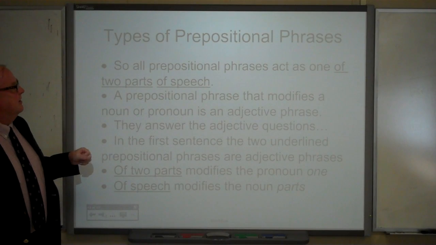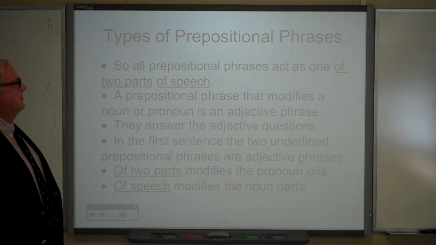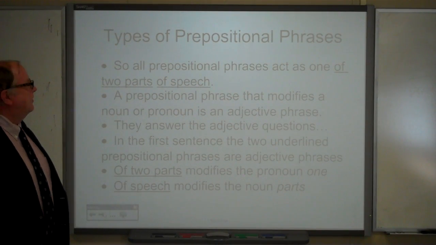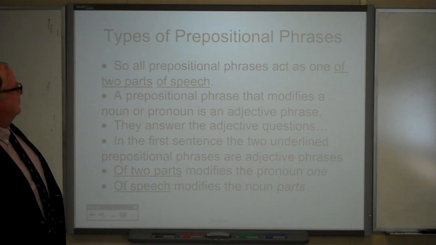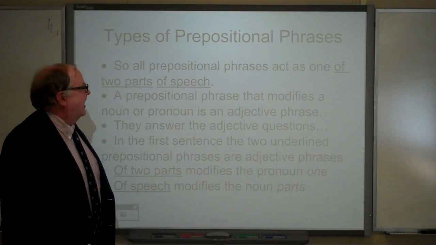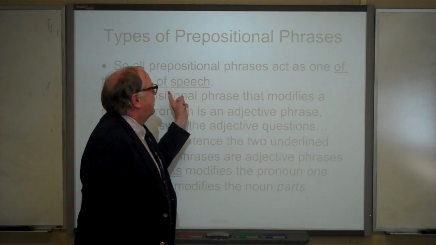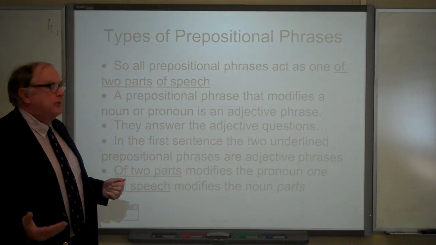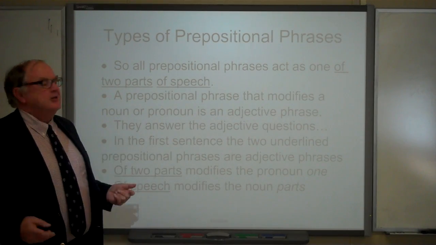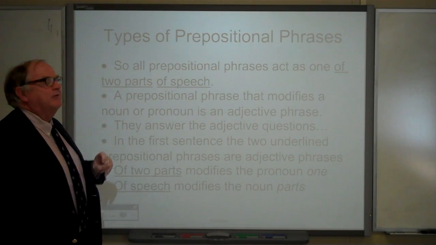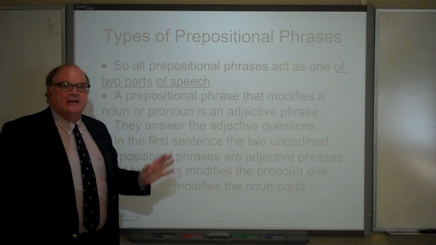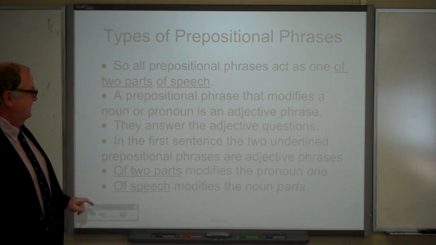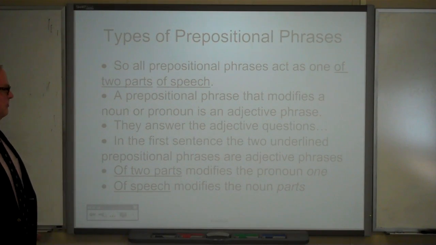So notice that these underlined prepositional phrases are adjective phrases. The prepositional phrases are acting as adjectives. Of two parts modifies one. So it's modifying the pronoun one, so it's an adjective phrase. Of speech modifies parts, again, so it's acting as an adjective. And as we can see here, of two.